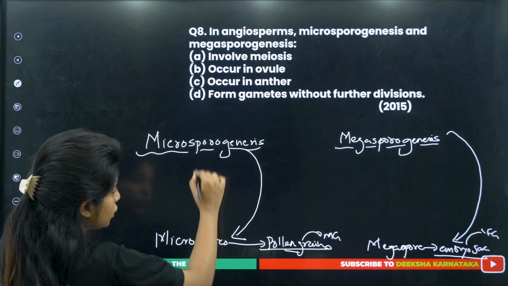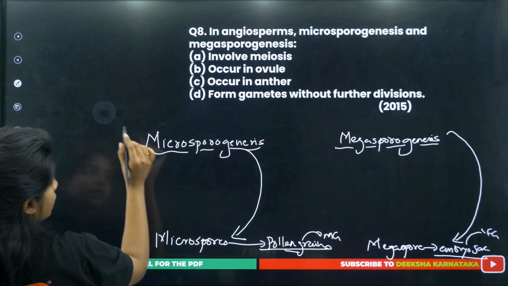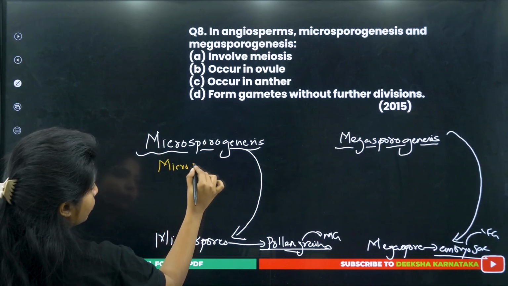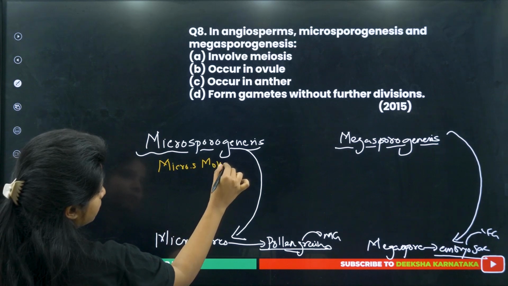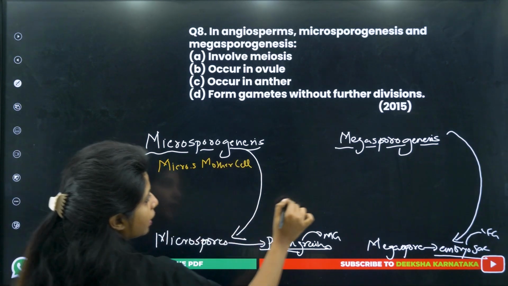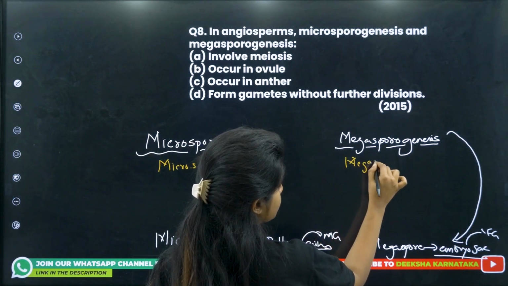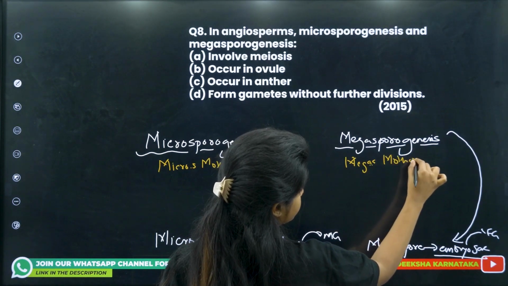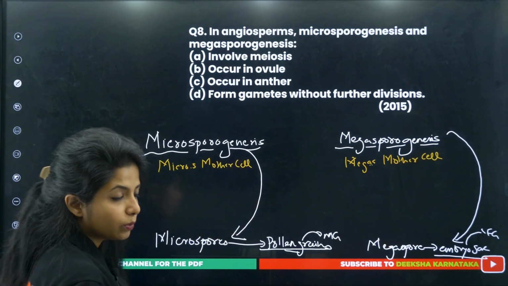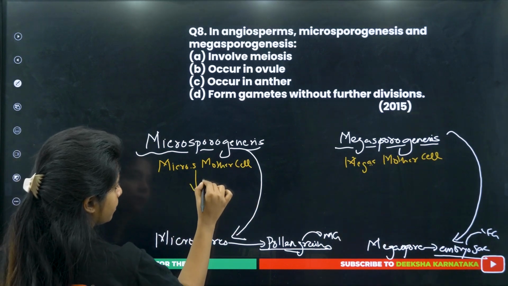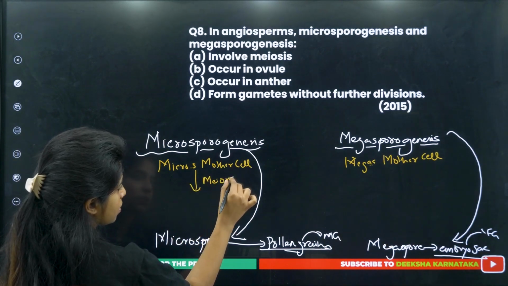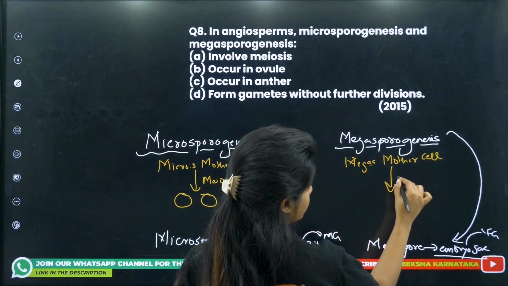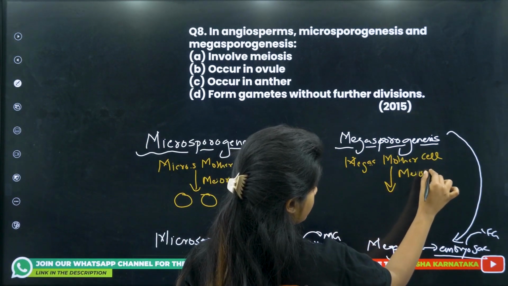Now this process, as I said, initially you need the microspore mother cell, or you also call it the pollen mother cell. Here you need the megaspore mother cell. This will undergo meiosis 1, which gives 2 cells. Here also meiosis 1.